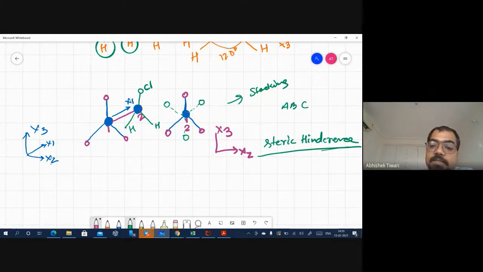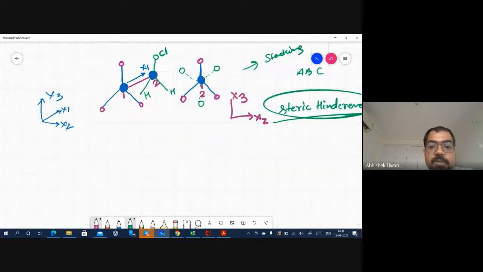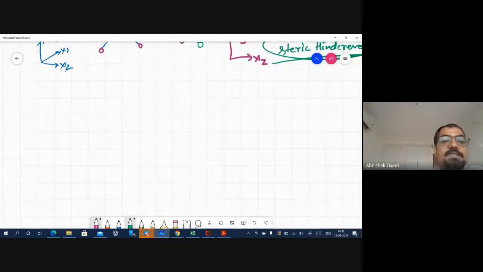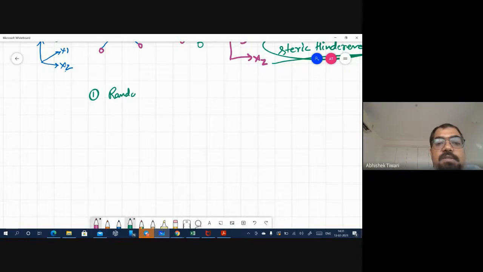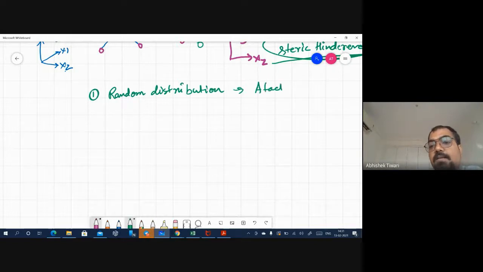Apart from steric hindrance, we can have a contribution because of the structure of the system. So there can be 3 types of structural formation in the polymer chains. One is that we have a random distribution of the surrounding atoms, and that is called atactic.